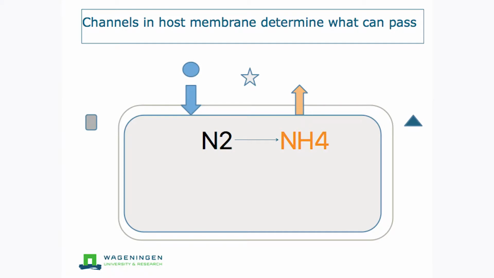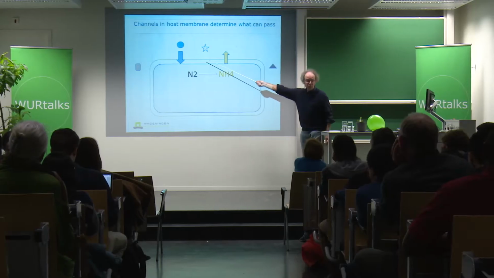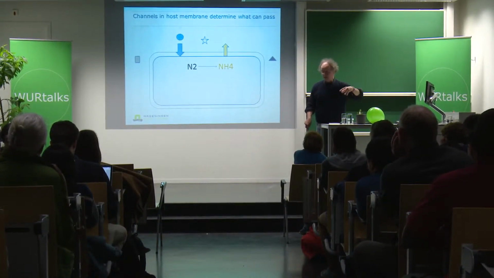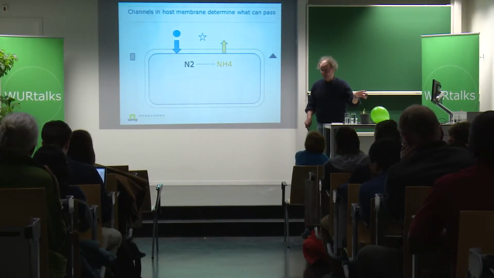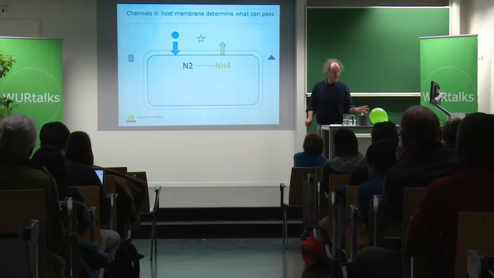It can only pass the membrane if the plant puts a specific channel in the membrane. That's what I indicated with the blue arrow, for example. That means that the compound that can pass this channel, that's what the bacterium will get. Other compounds like this here, not available.